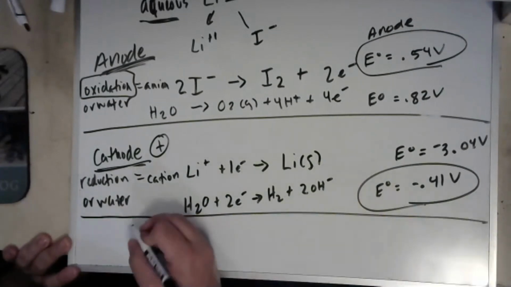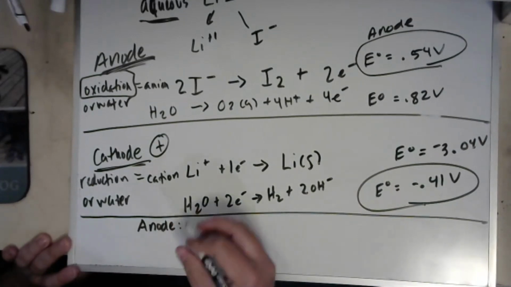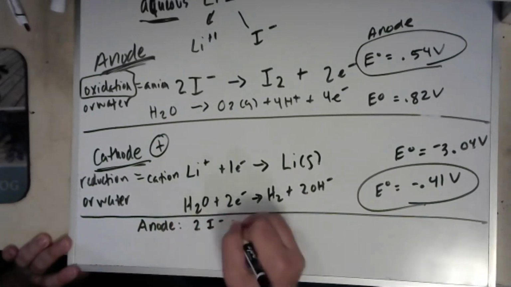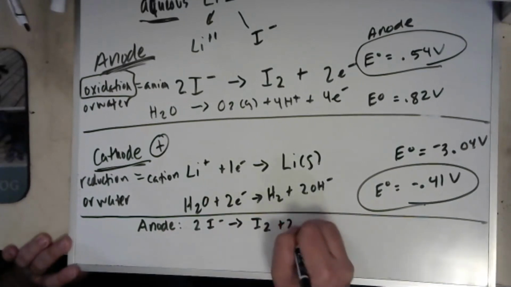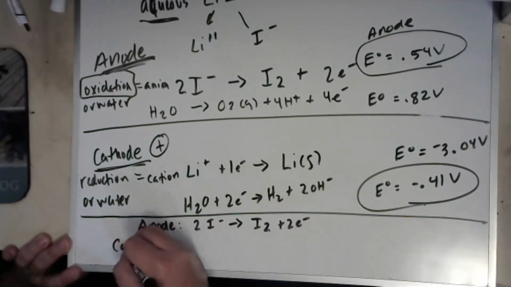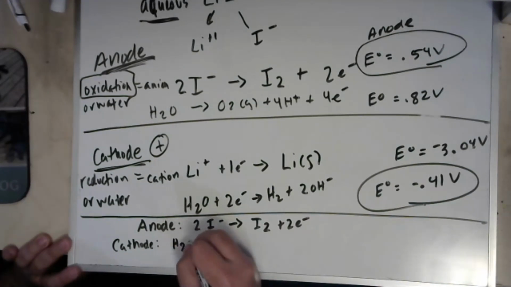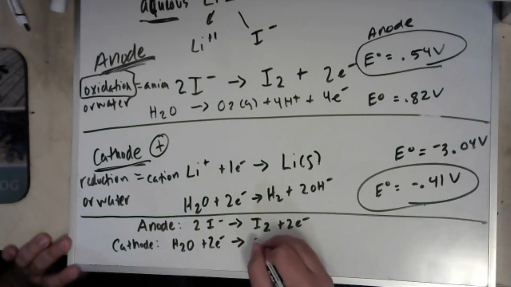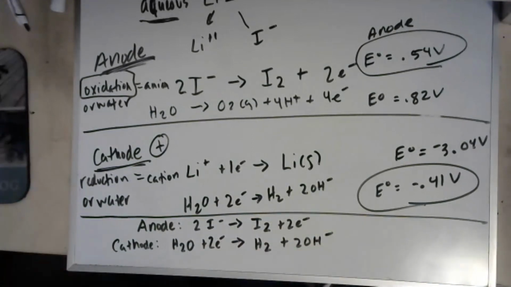So our anode half reaction is going to be 2I minus yields I2 plus 2 electrons. And our cathode half reaction is going to be H2O plus 2 electrons yields H2 plus 2 OH minus. That's how we're deciding between the two.